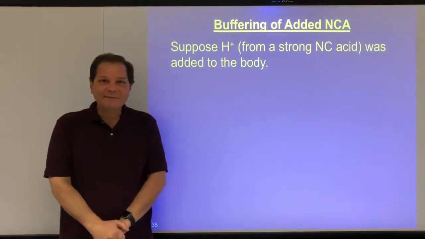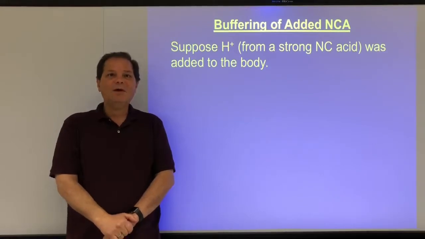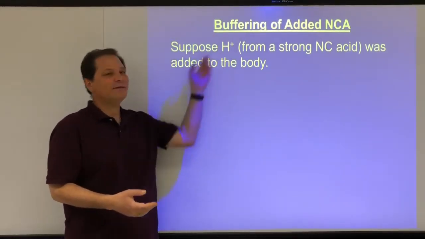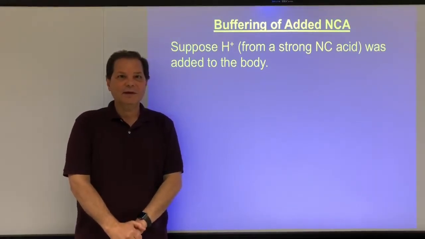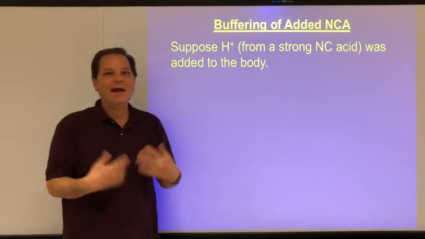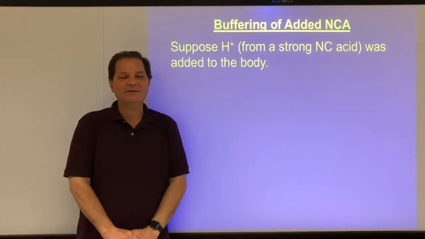All right. Having said that, let's talk about what happens when we add a strong acid to our system. And this would be a non-carbonic acid, and we would actually call this a metabolic acidosis.